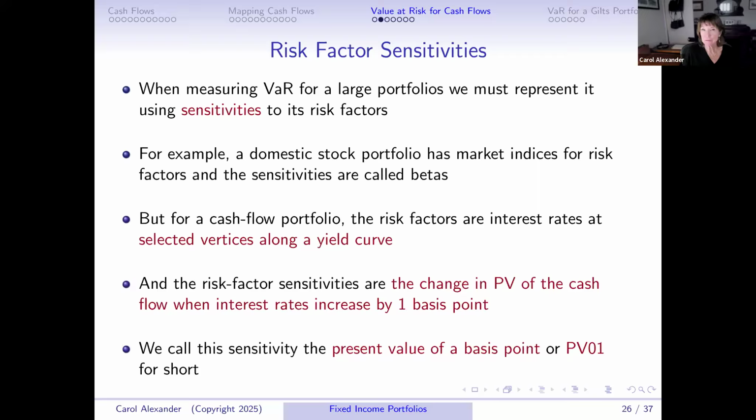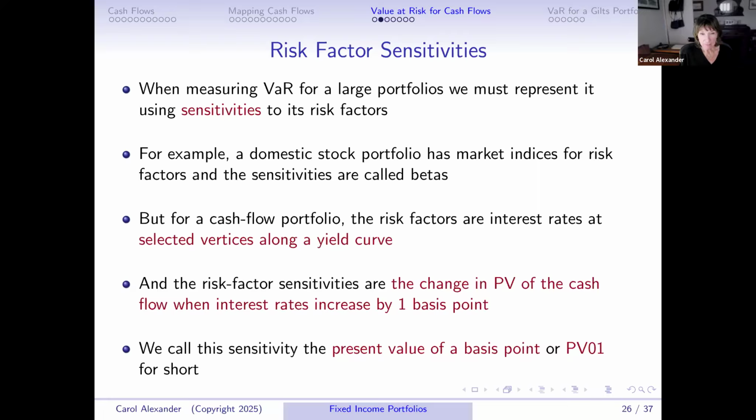In other words, with a simple risk factor model, the capital asset pricing model, you do a regression of the stock returns on the broad market index returns, and you find the fitted model that the return on the stock is alpha plus beta times the return on the broad market index. And beta is the coefficient of the change in that risk factor. And it's called, more generally, a risk factor sensitivity.